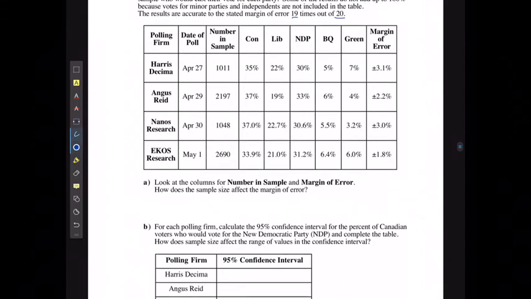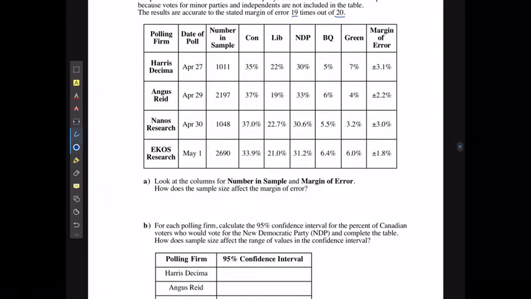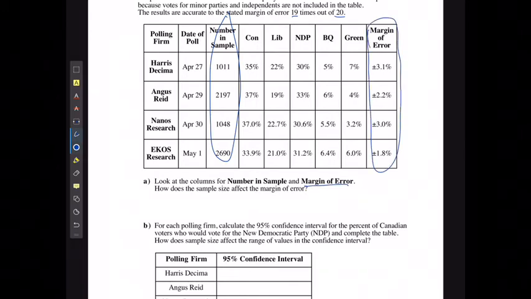So, if we're looking at the columns for number in the sample size in here, and the margin of error in here, how does the sample size affect the margin of error? Well, if I take a look at my biggest sample size, I have the smallest margin of error.